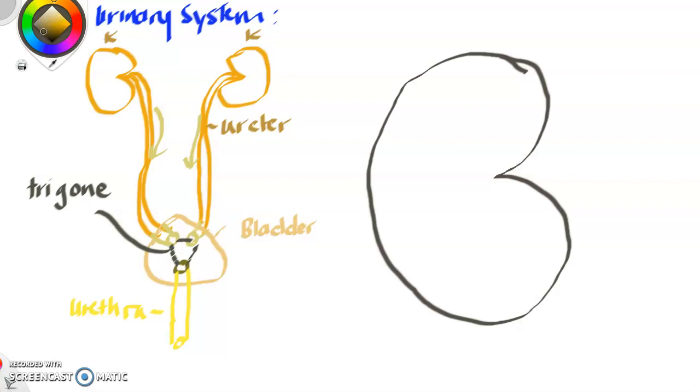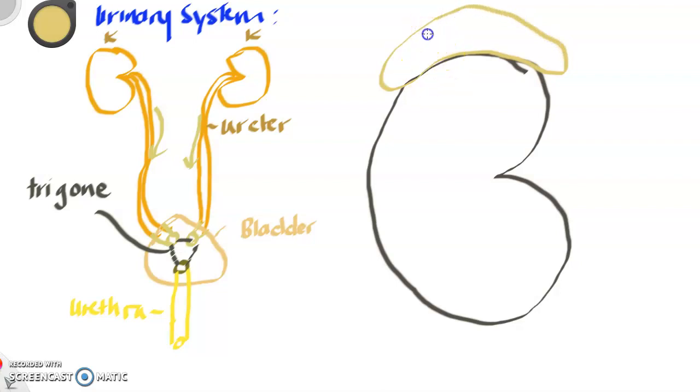Hopefully you remember that there's a little structure, a little guy, a little hat on him up here. Hopefully you remember that's the adrenal gland. We have two of those. And the kidney is surrounded by fibrous tissue, which I'm trying to make here as best that I can.